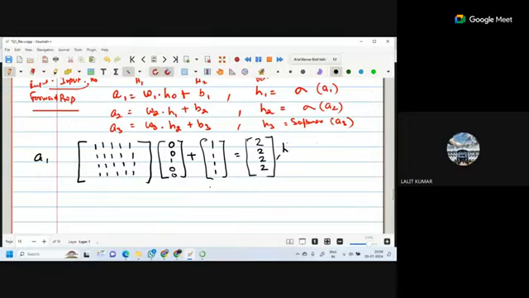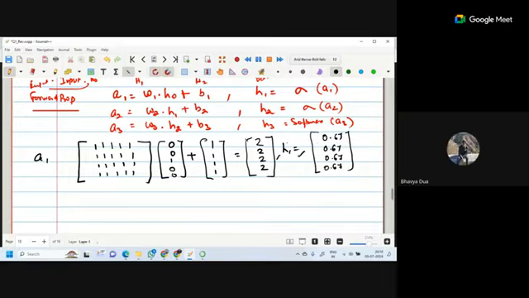Now H1, find out the sigmoid of 2. Can you give me the sigmoid value of 2, please?